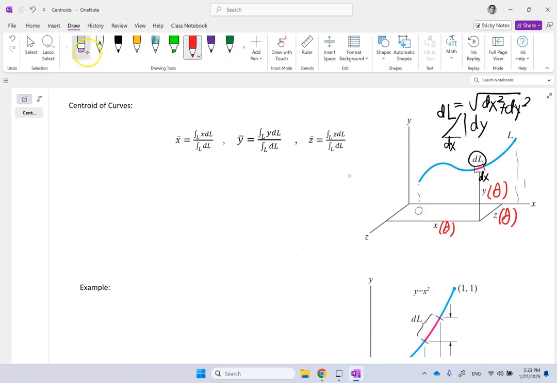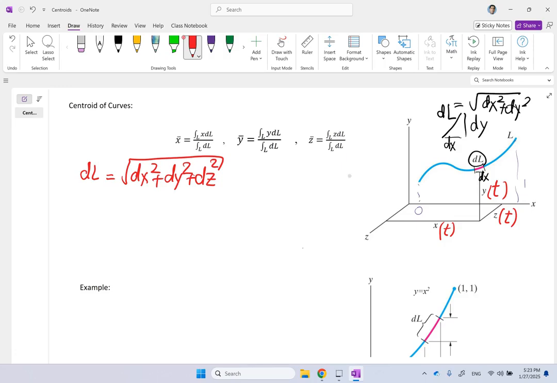Or if you don't like it, I know some people might say, well, they are not necessarily a function of angle, right? Let's just call it t. t is the curve parameter. So dl in 3D, if you use the Pythagorean theorem again, is going to be the square root of dx squared plus dy squared plus dz squared.